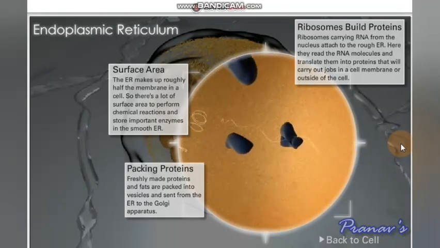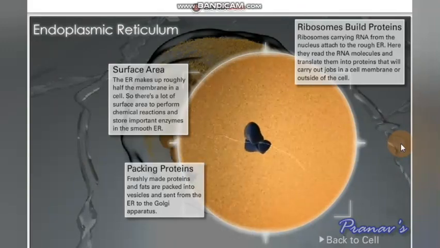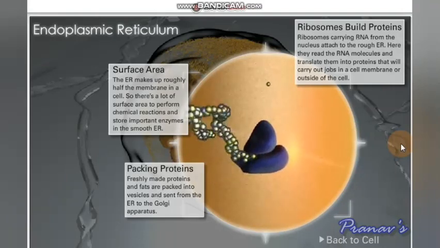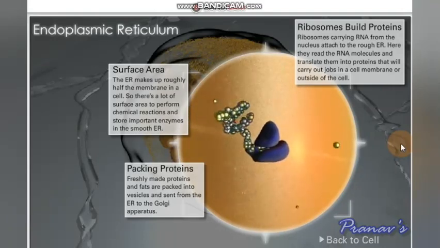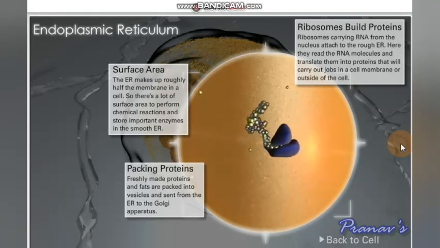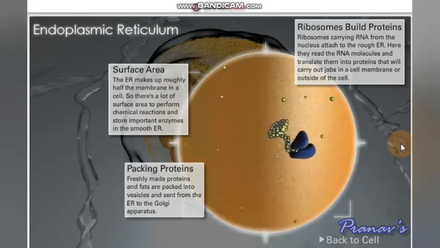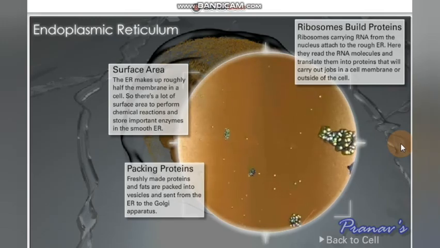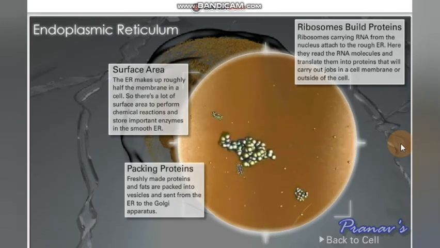Function of ER includes transport of proteins between various regions of the cytoplasm. In the liver cells of some vertebrates, the smooth endoplasmic reticulum plays a crucial role in detoxifying many poisons and drugs.